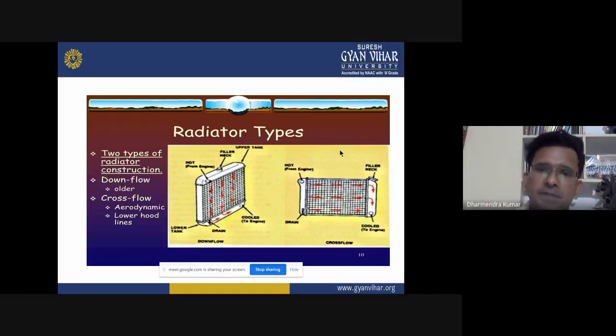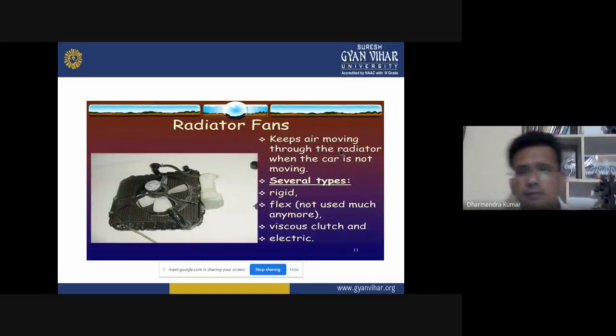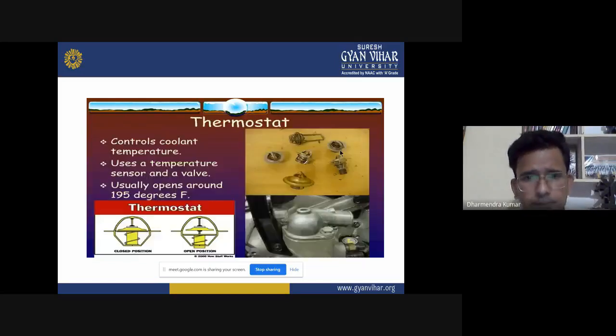These are the radiator fans. They sit just behind the radiator, keeping air moving through the radiator when the car is not moving. There are several types of radiator fans: rigid, flex, and viscous clutch electric motor.